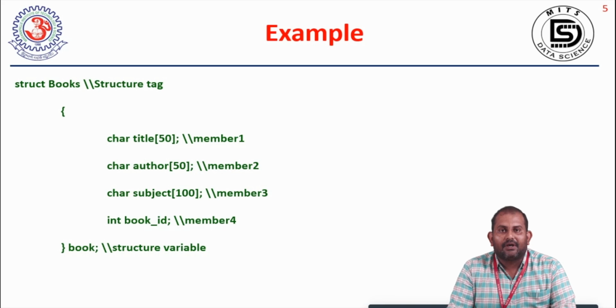Author is also an array of type character, and it also holds 50 values at a time. Subject is also a character array, and it can hold 100 values at a time. Book ID is an integer variable which can hold numbers. And here we have given a structure variable called book, and the structure name is books.